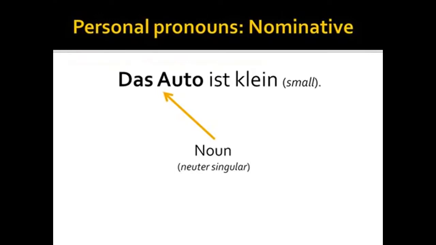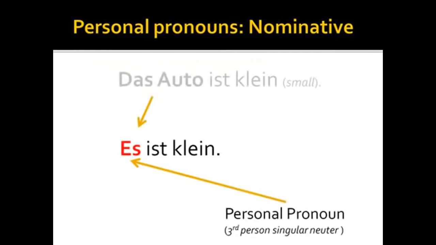It's a third person neuter singular noun. What we can do here is substitute das Auto with es, a third person singular neuter personal pronoun. So instead of saying das Auto ist klein, which would be 5 syllables, we can instead say 3 syllables, es ist klein.